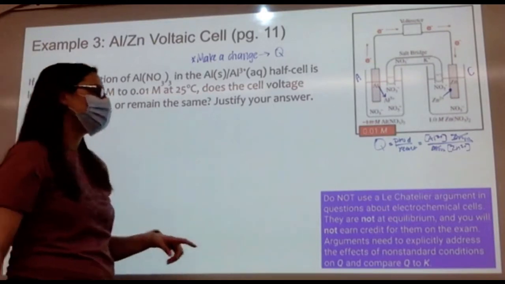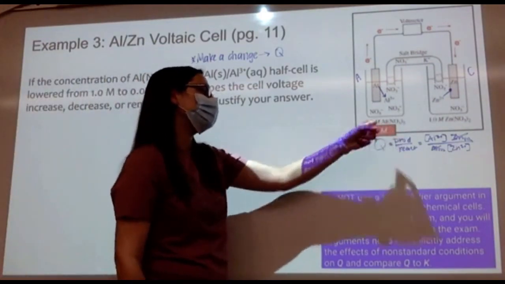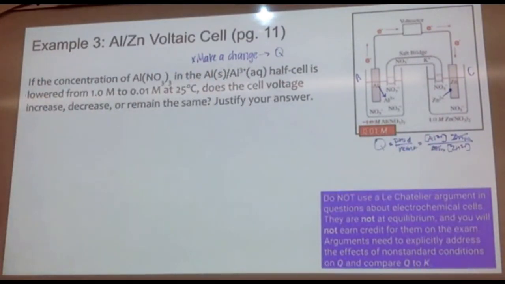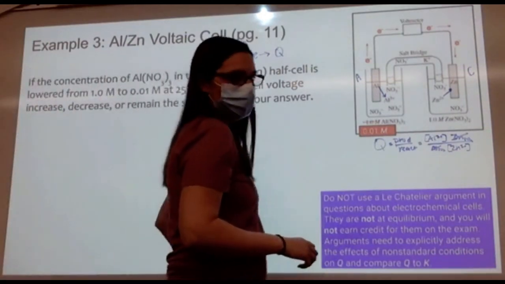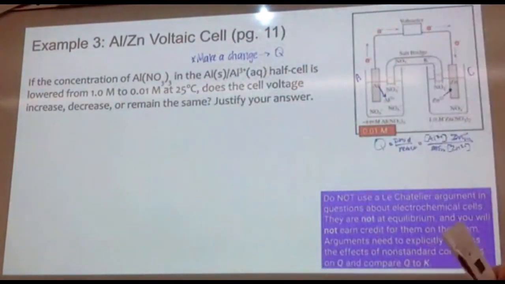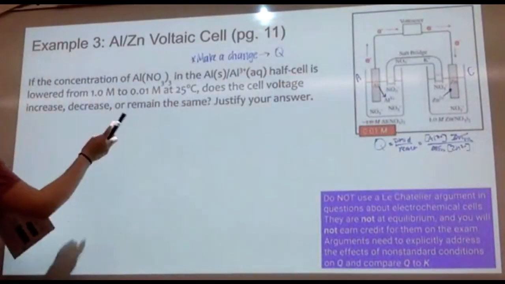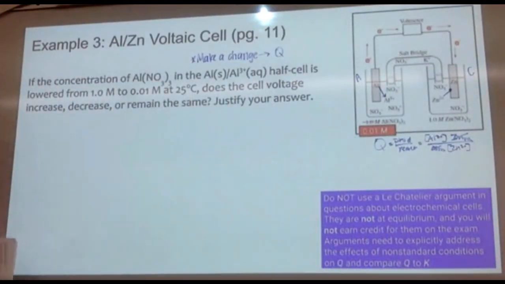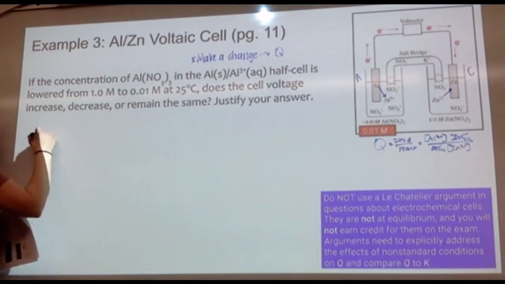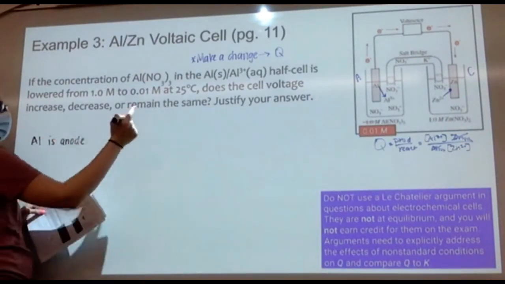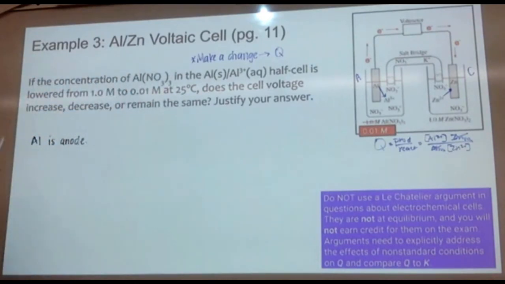So if I'm changing aluminum nitrate, that means I'm changing the Al3+ concentration. I'm lowering the Al3+ concentration. It wants to know what's going to happen to cell voltage. So I'm going to leave space for increase, decrease, or remain the same. And I'm going to justify my answer first. So aluminum is the anode. I know because the electrons are flowing from the anode to the cathode.